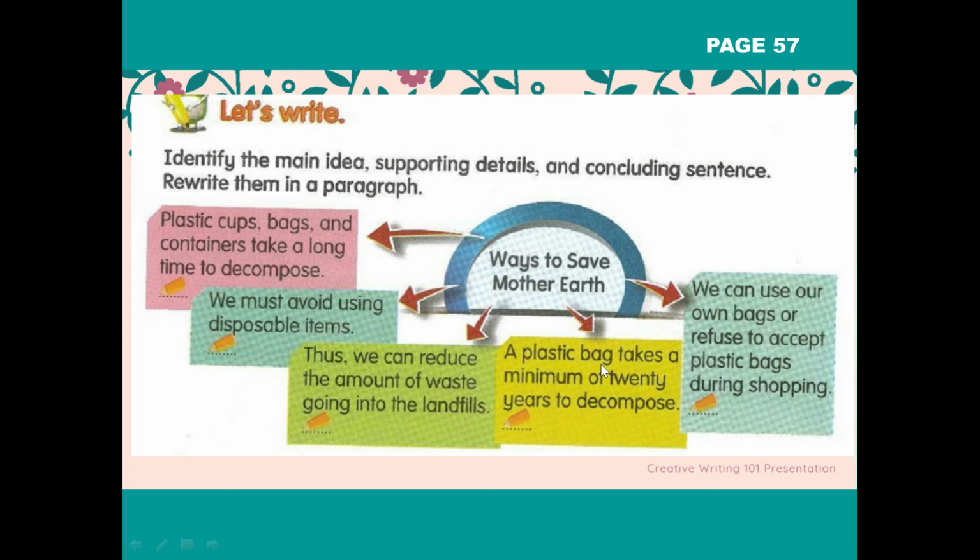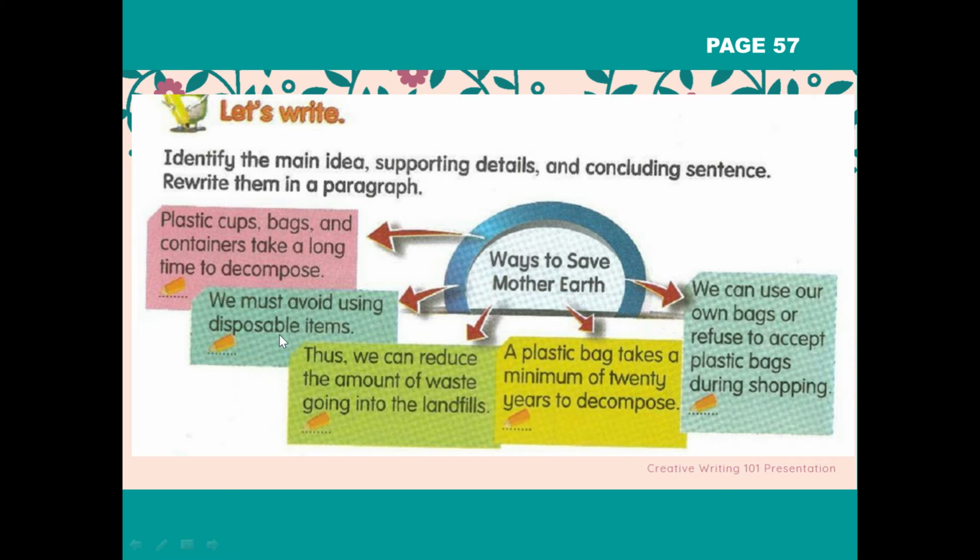This paragraph is about ways to save Mother Earth and about not using disposable items like plastic bottles, paper cups, plastic bags, all that kind of things. So the main idea is we must avoid using disposable items.